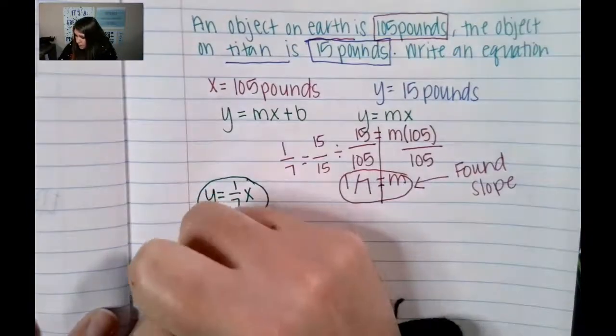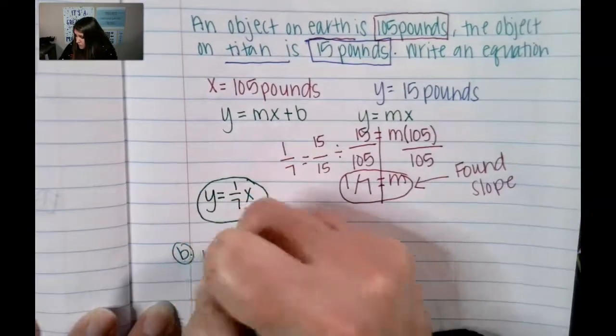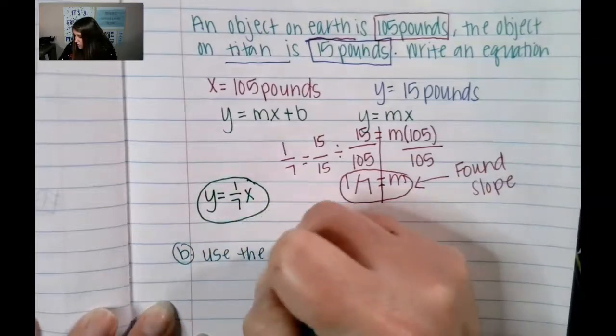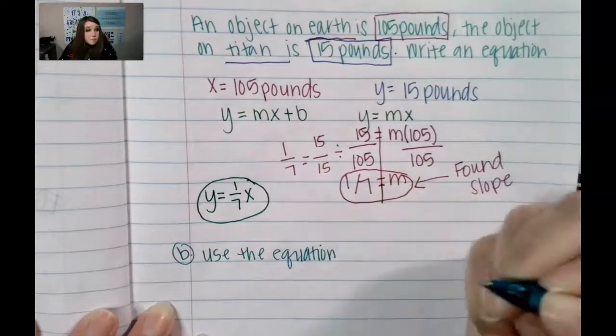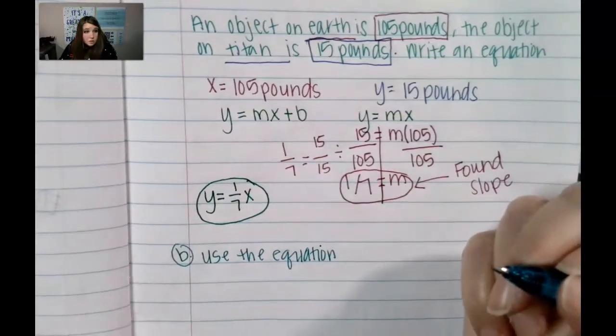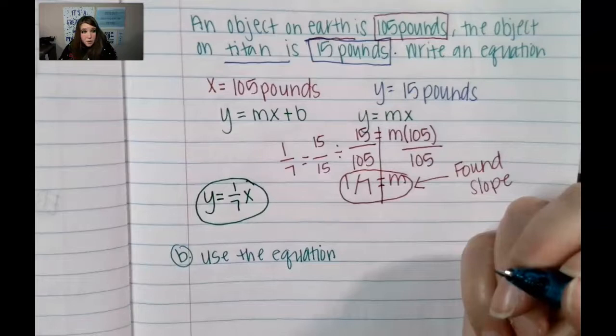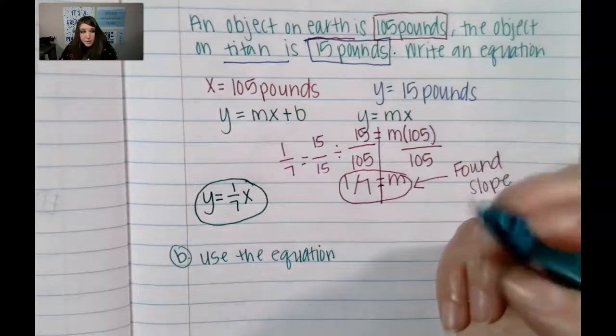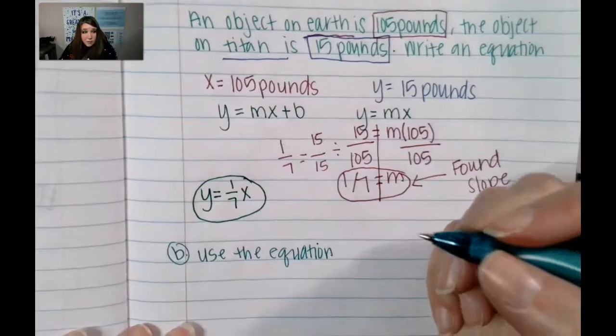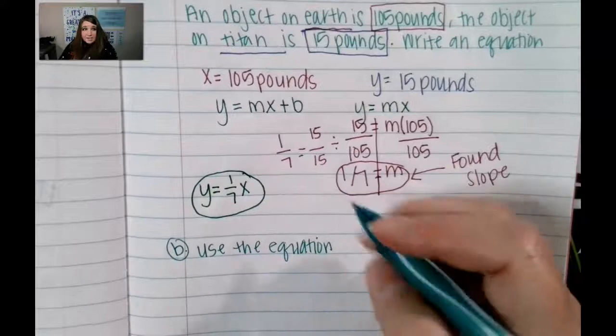And now part B, use the equation to know how much 3.5 pounds on Titan weighs on Earth. So how much does ice weigh on Earth?